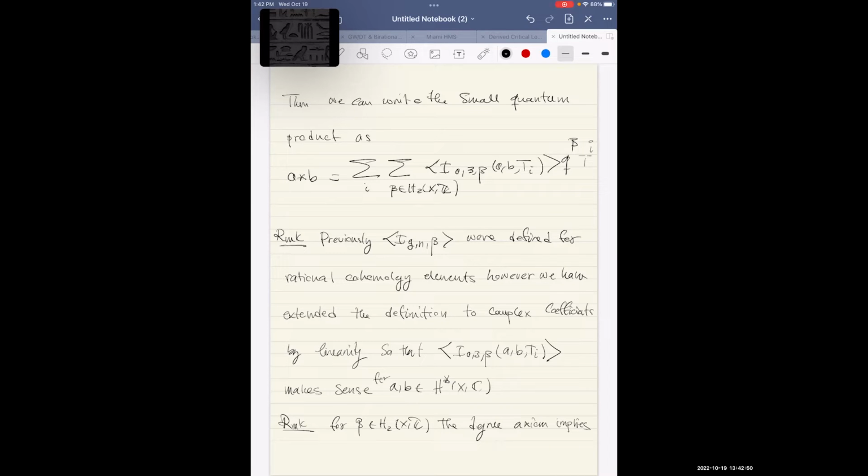So for beta, the degree axiom implies that I0,3,beta of A, B, and T_i is going to be a zero invariant unless a certain degree constraint is satisfied.